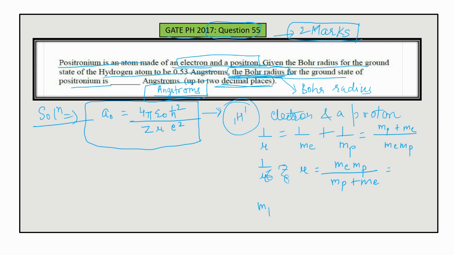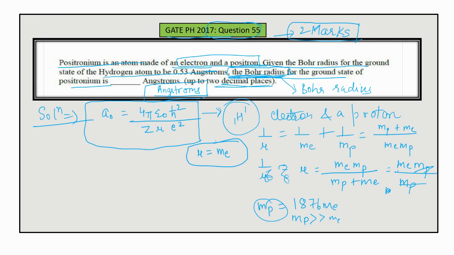The mass of the proton is 1876 times me, so it is much larger than the electron. In the denominator we keep mp, because the mass of the electron is very small compared to the proton, so mp cancels. That is why in the hydrogen atom, the effective mass is equal to the mass of the electron.